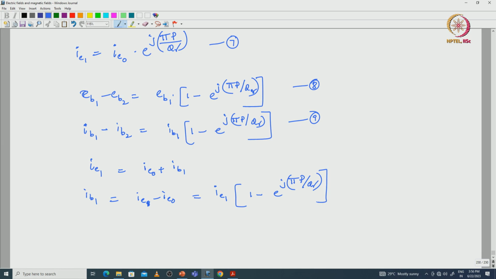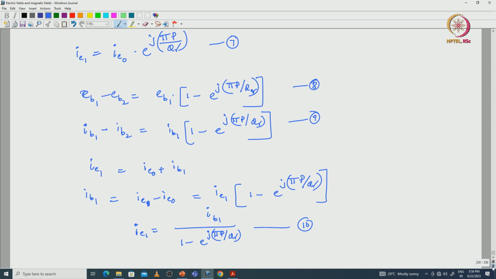So, from this equation we can find IE1 is equal to IB1 divided by 1 minus e power j pi p by qr. This is equation number 10.